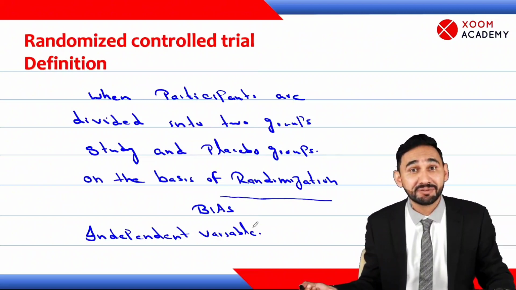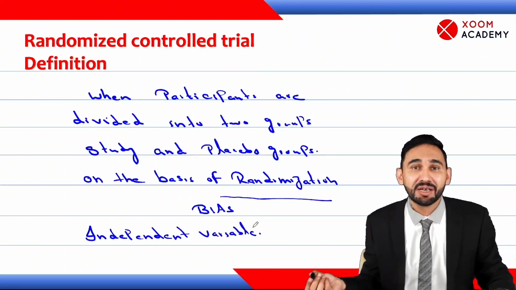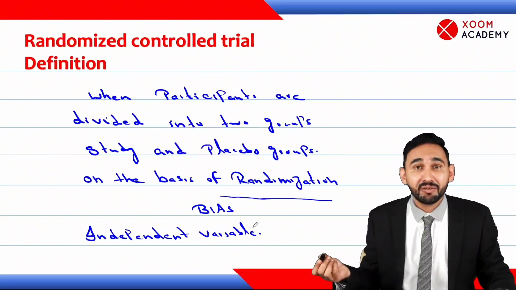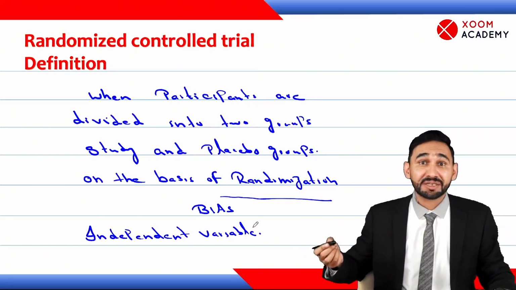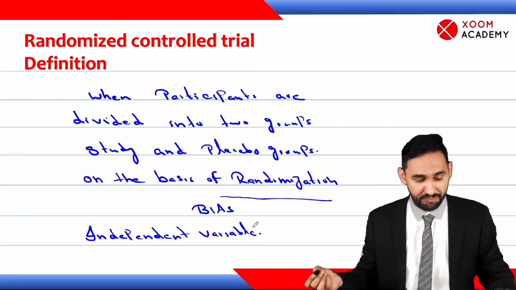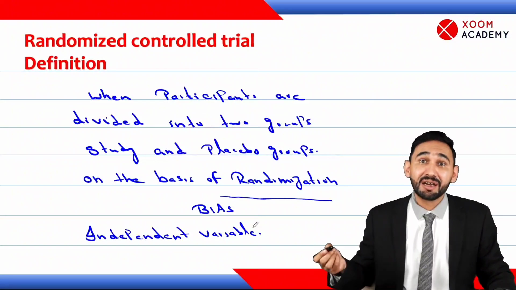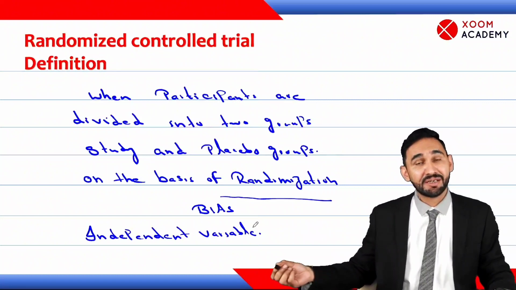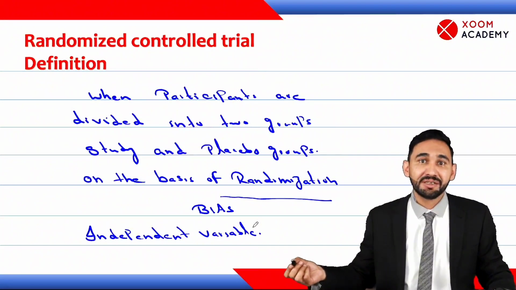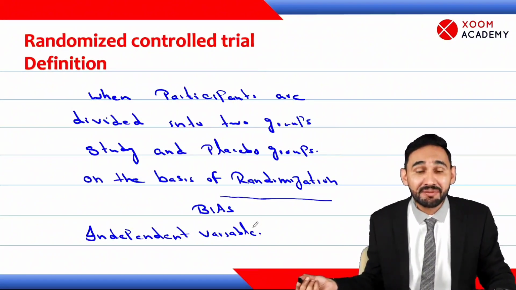How did we decide? We decided on the basis of randomized controlled trial. We increase the dose gradually and then we reach a certain limit, a therapeutic dose. That's why this is called a randomized controlled trial. Randomization is done, the independent variable is in our control, and this is an experiment.